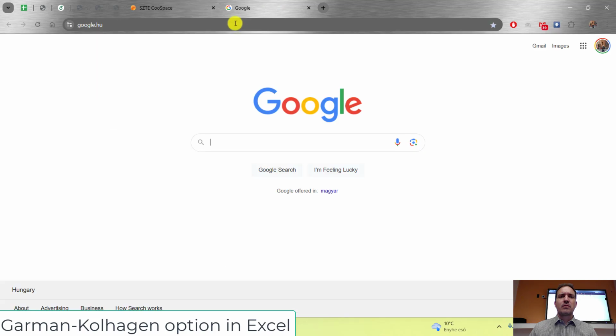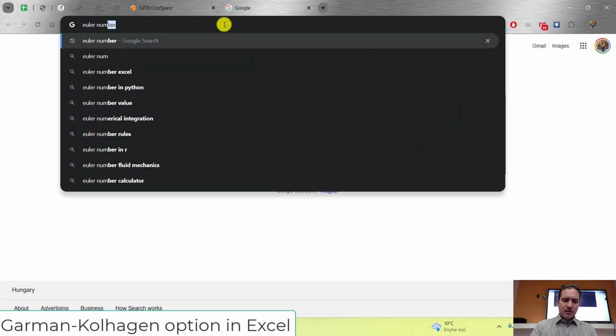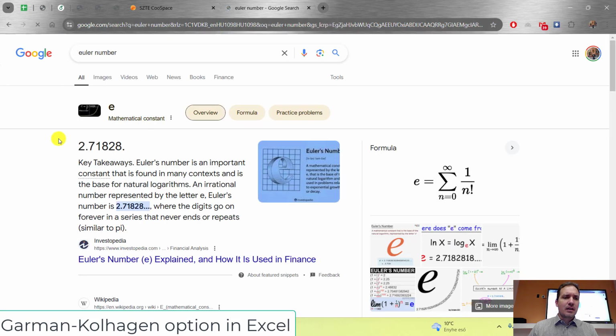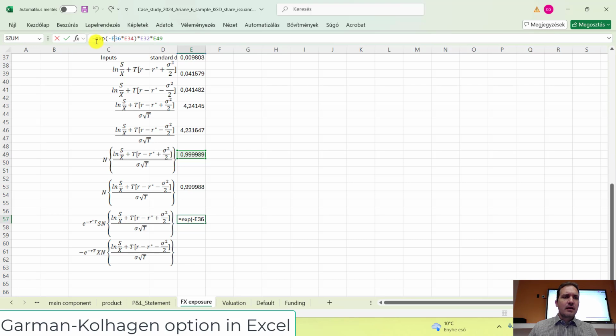So instead of exp, here we need the Euler number, because exp is the MATLAB function, and now it will work. Yeah. Now we have to do similar.